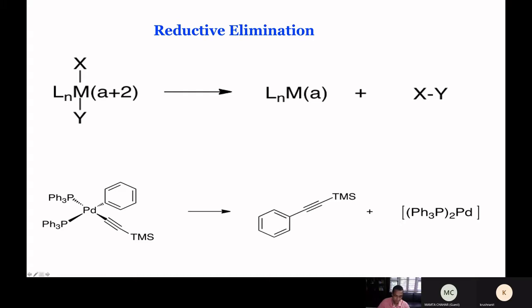For that purpose, if you want to move the reverse reaction, that means from this oxidative addition metal complex, if you want to regenerate the ligand metal complex as well as XY, what you need to have is a ligand which is bulky, big, as well as electron deficient. Only then are you going to have the reductive elimination.